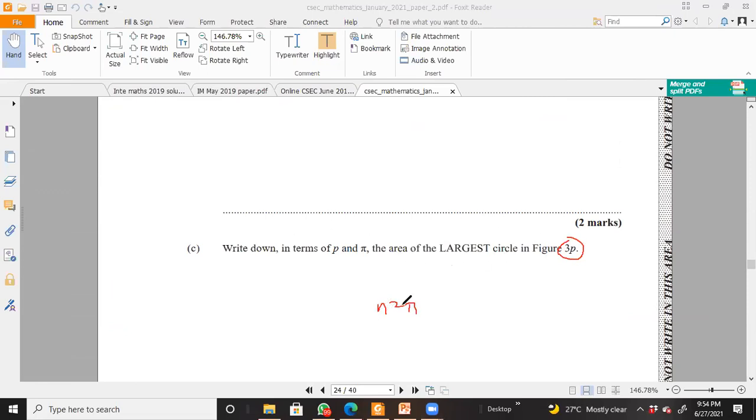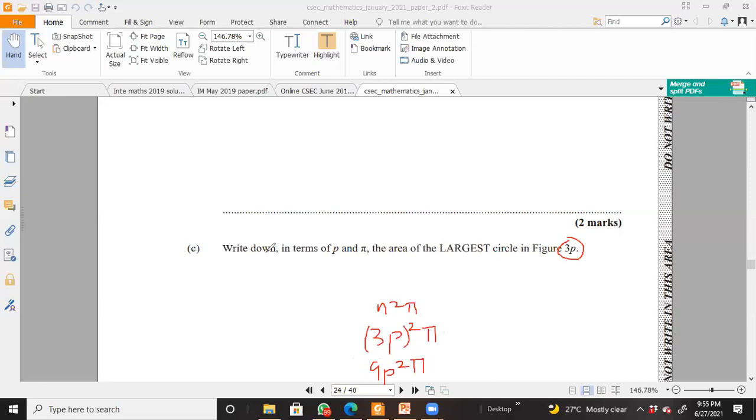So wherever we have n, we put 3p. So I'm going to put 3p squared and put pi. When I work it out, this gives me 9 p squared pi.